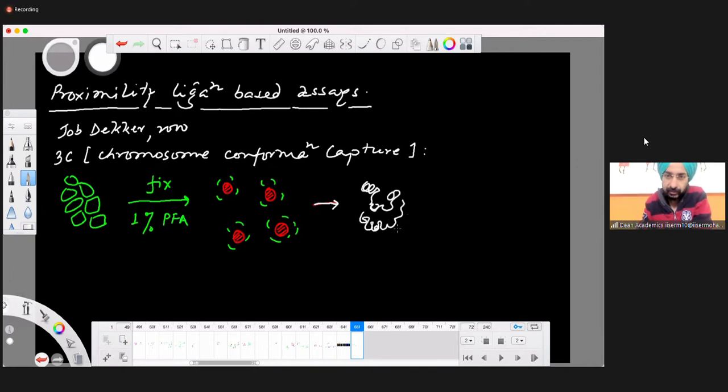The first thing that we do on this chromatin, these DNA protein complexes, is the restriction digestion.